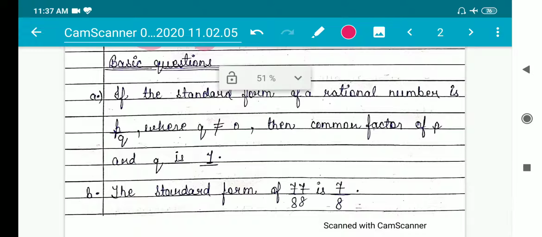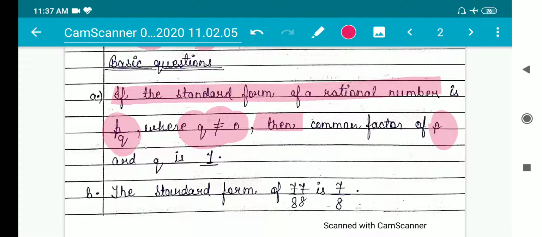Now I would like to discuss some basic questions. If the standard form of a rational number is p by q, where p by q is not equal to 0, then the common factor of p and q is 1. As we know, the common factor of p and q should be only 1. The standard form of 77 by 88 is 7 by 8.